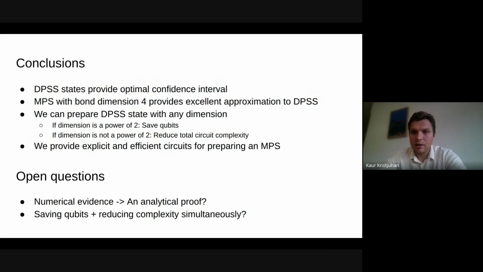And lastly, we showed these 2 benefits of saving qubits and reducing complexity, but currently it's a bit tricky to get both of them at once, because the techniques that we use for reducing the complexity, which were using the unitary iteration and also preparing that state with the inequality test, all need access to all of the qubits in the control register.